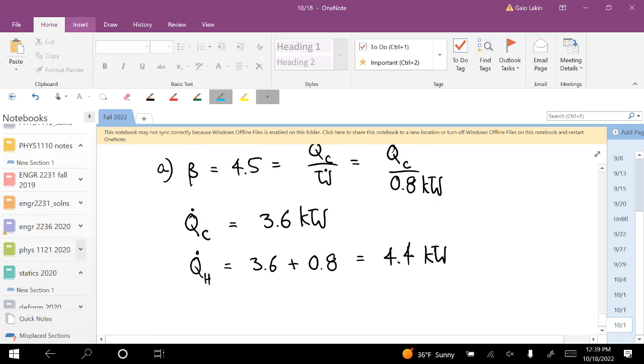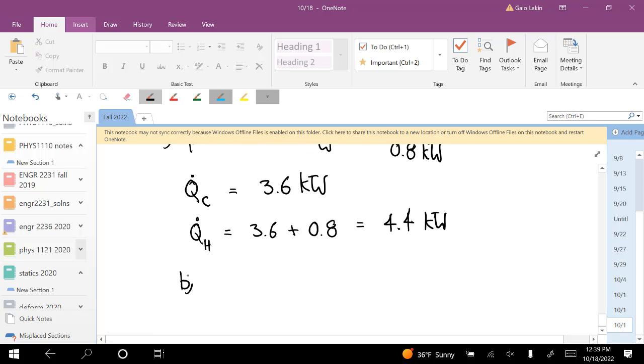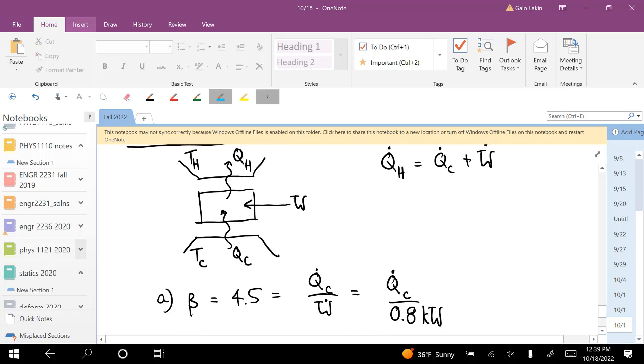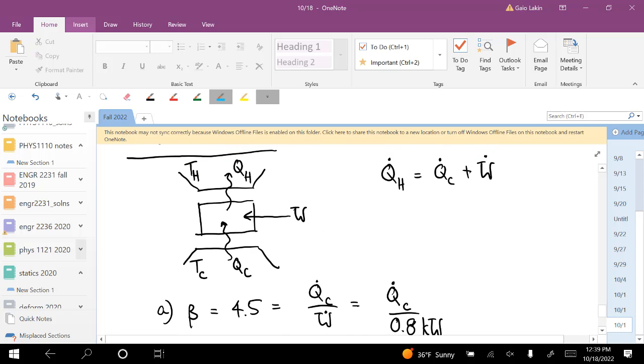And now if you had a perfect refrigerator, perfect efficiency, no irreversibilities, what's the lowest theoretical temperature that you could have?